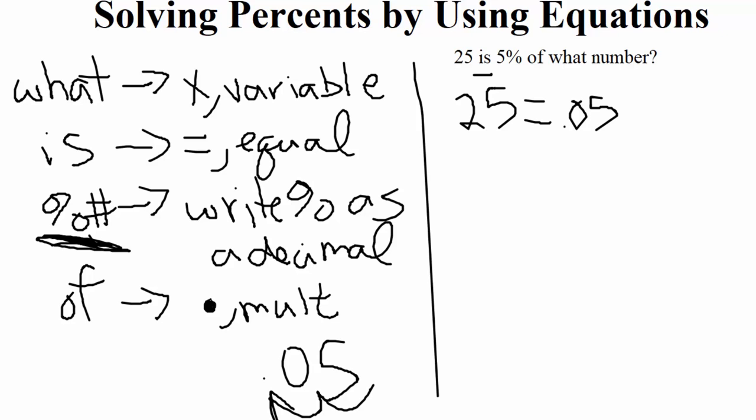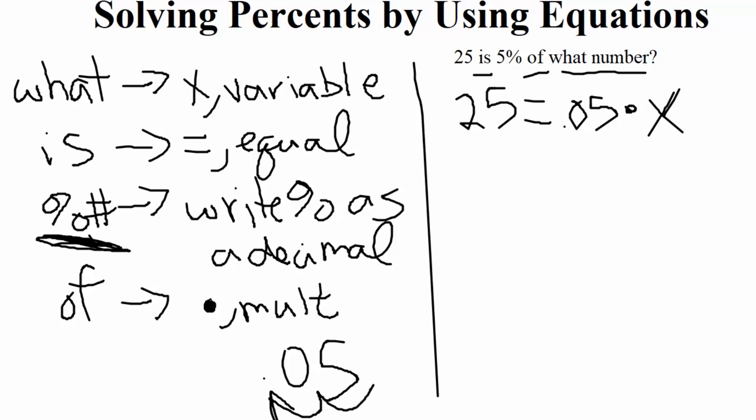So 5% is 0.05. The next word we have there is of, and of means to multiply. And we're going to be multiplying by what number? And remember, that is our variable. So this equation says 25 is equal to 0.05 times x.